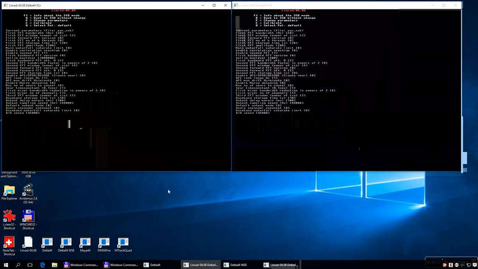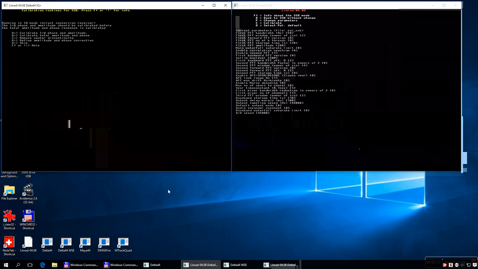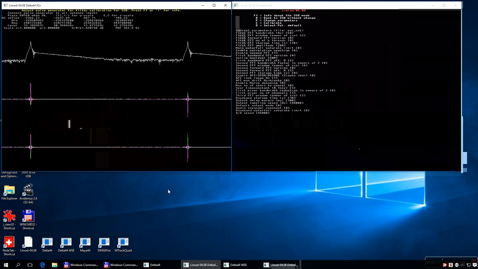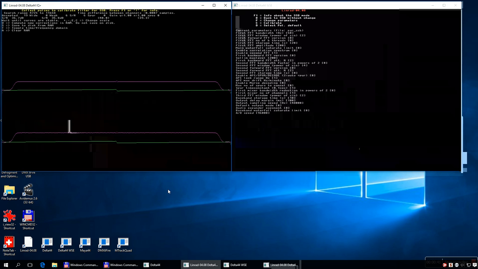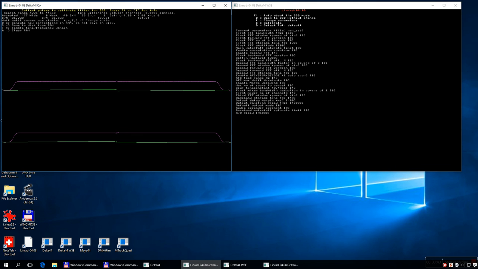X, C, B, enter. And then I will wait for a while and do the same on the other unit and press U and so forth. And I switch off the video recording here to have fewer glitches that could influence the calibration in a bad way.